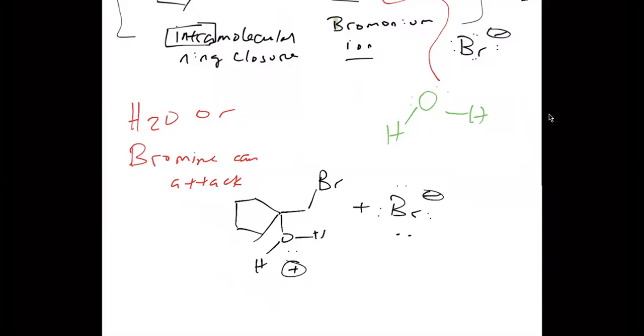So the bromine ends up doing a quick proton transfer, and then we end up with our product, the product plus HBr. And the product is the halohydrin.